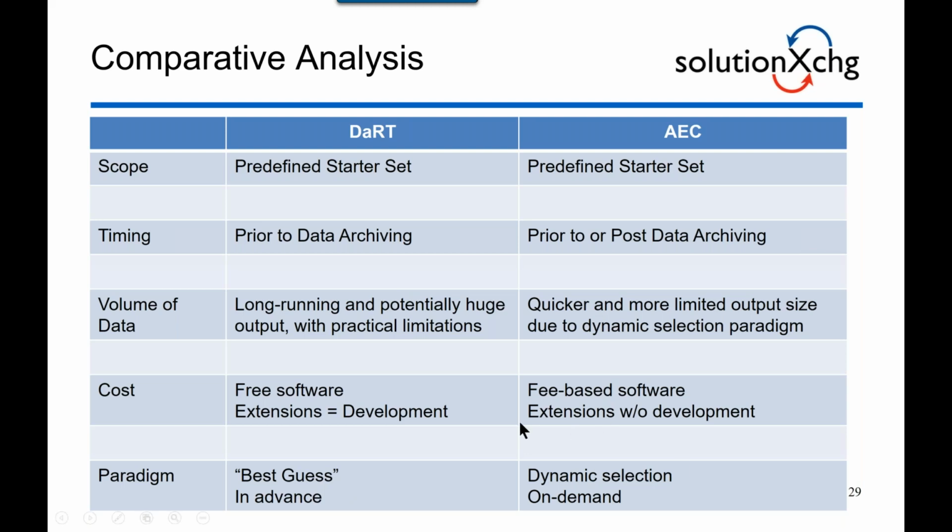There is a balancing of costs to making that happen, and other considerations primarily being the data archiving part of it, which is the content fully accessible for the audit extraction when it needs to be performed, where DART does not have that as a standard capability, and the AEC does.